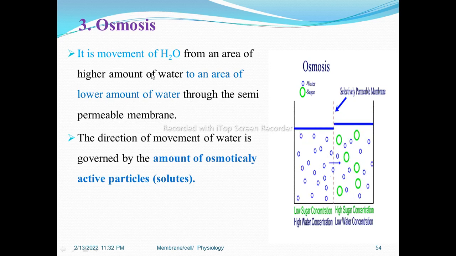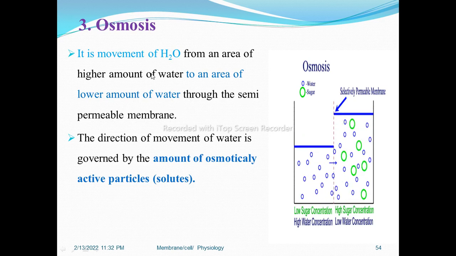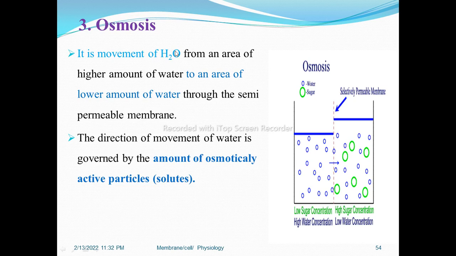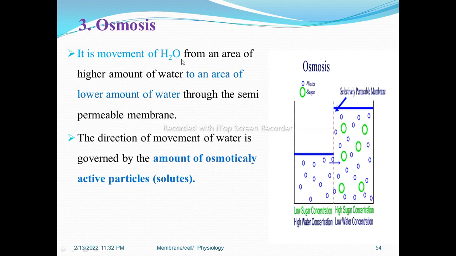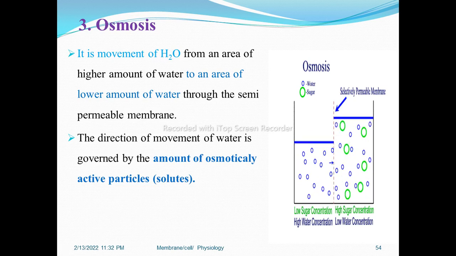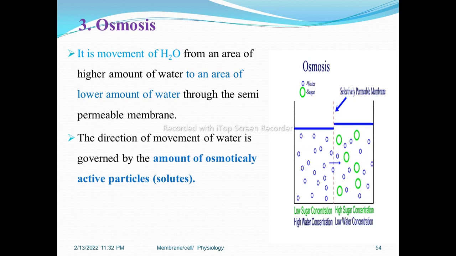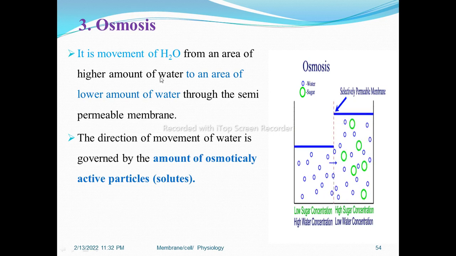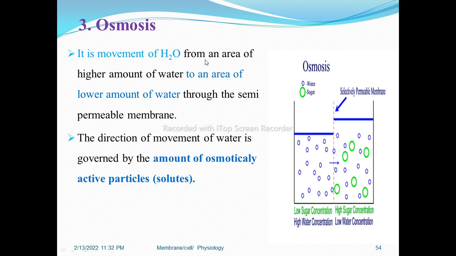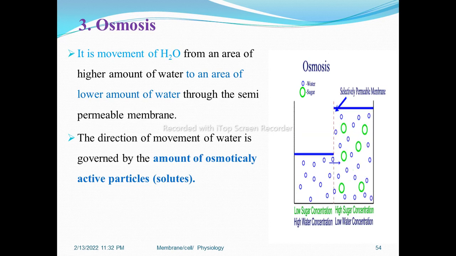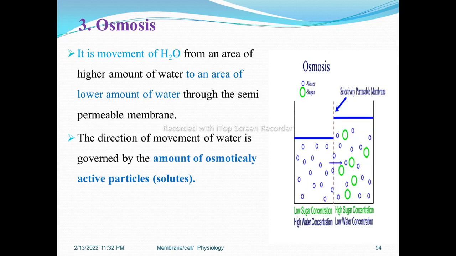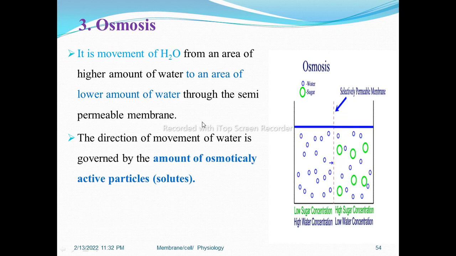That means also from higher concentration to the lower concentration, but this is limited to water. In diffusion, they are molecules, but in osmosis, it is water. Water moves from higher concentration of water to the lower across the cell membrane.